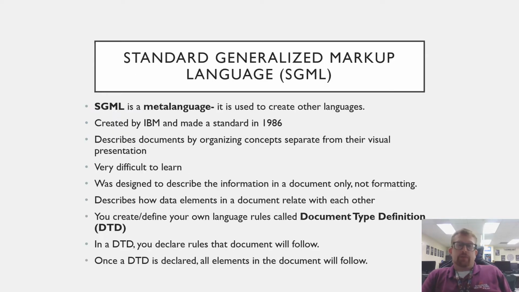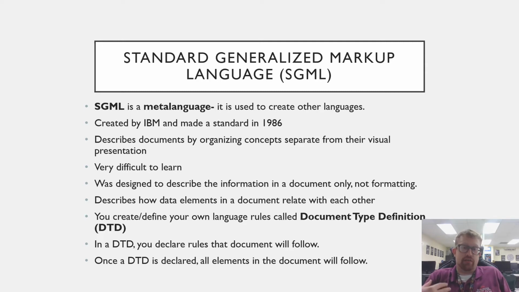So first we had what was called Standard Generalized Markup Language, or SGML. It's a meta language, which means that it was used to create other languages. It was made by IBM and made a standard in 1986. What it did was describe documents by organizing concepts separate from their visual presentation.